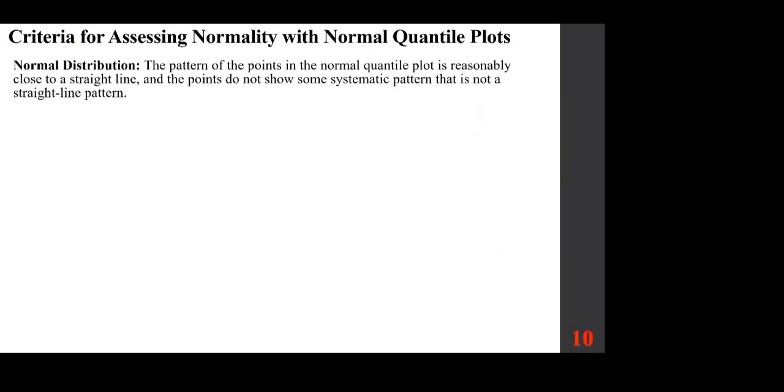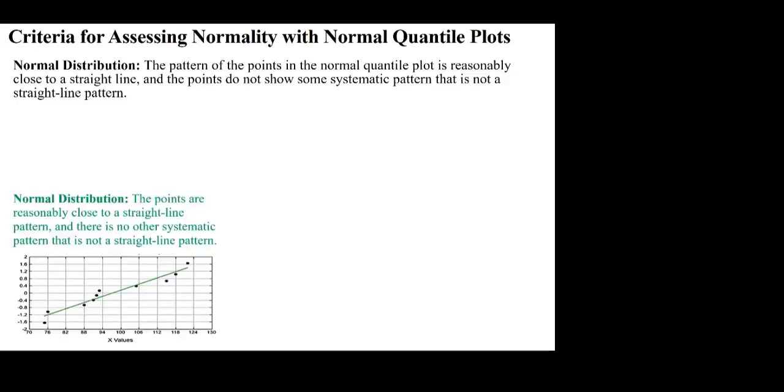If we want to look at normality, we use a normal quantile plot. Here's what we do. Could somebody read this one for us, please? Normal distribution: the pattern of the points in the normal quantile plot is reasonably close to a straight line, and the points do not show some systematic pattern that is not a straight line pattern. Okay, so the idea is that there seems to be a straight line if we set them up.